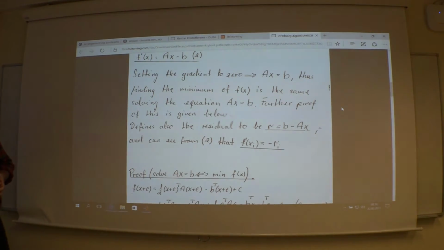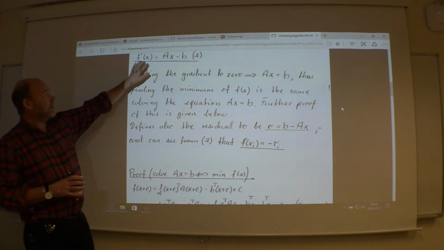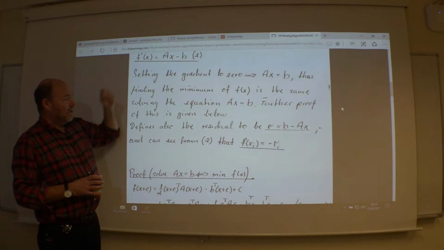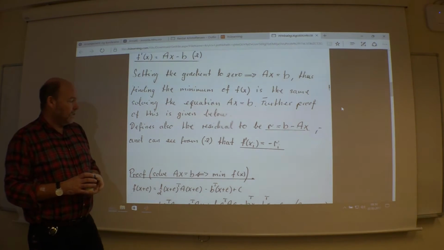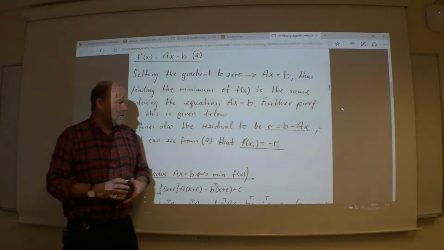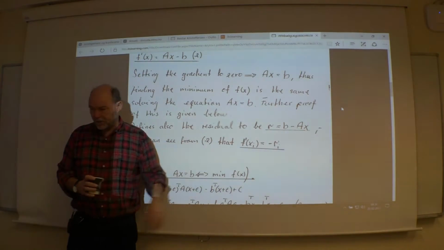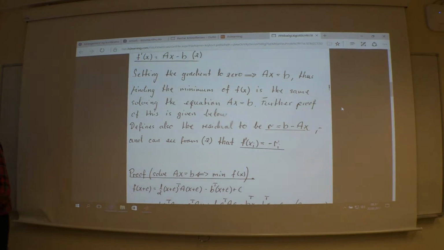So what's nice with our logic now: find wherever all the gradients are 0. And also, if you look at the residual, that's actually now directly the negative gradient.